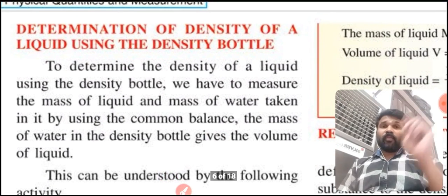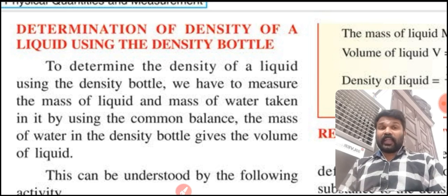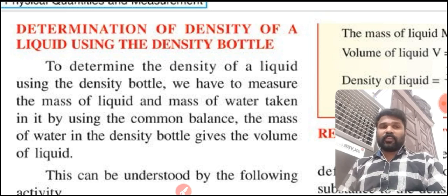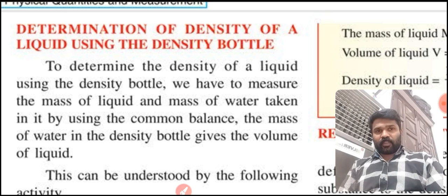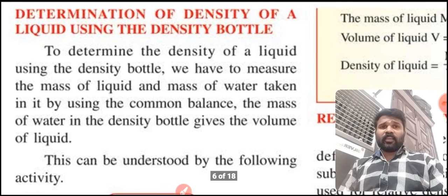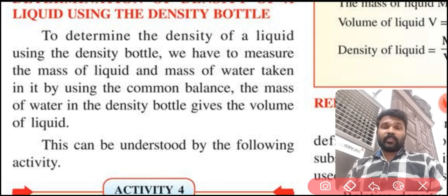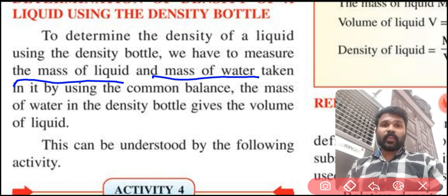Now we are going to discuss the determination of density of a liquid using the density bottle. To determine the density of a liquid using the density bottle, we have to measure the mass of the liquid and the mass of water taken in it by using a common balance.